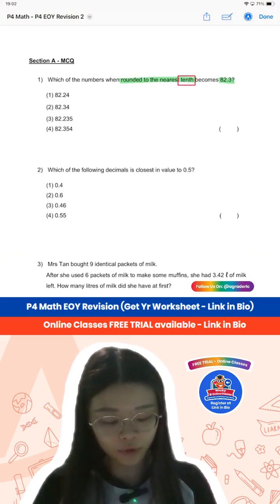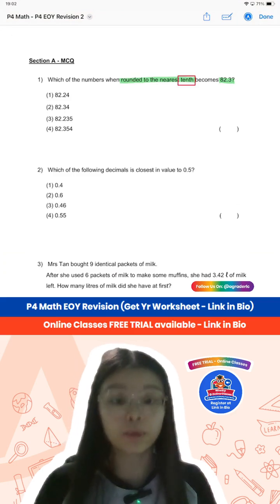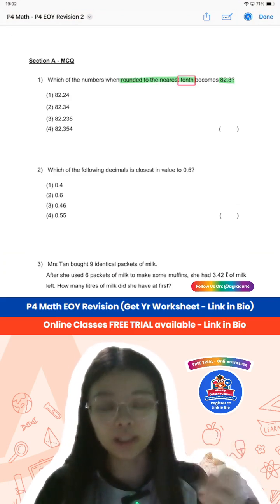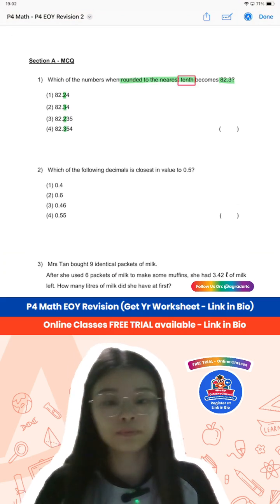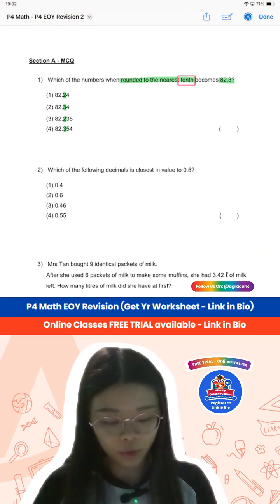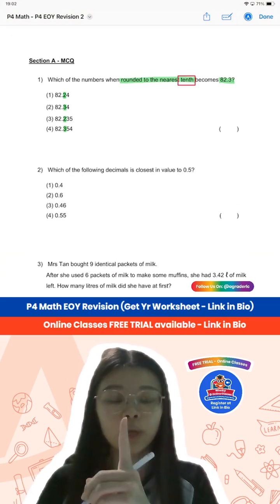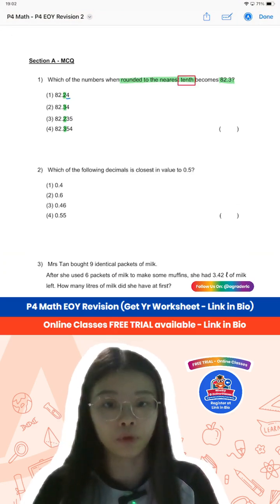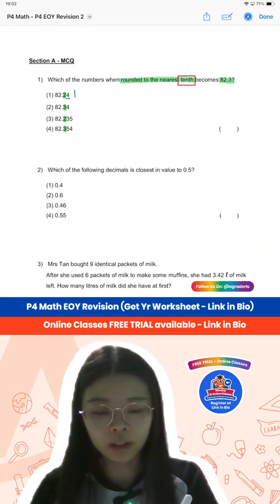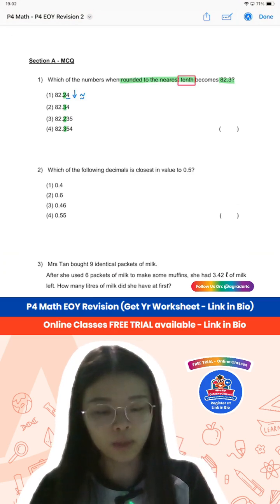A good habit is, since they're giving you options, to highlight our tenth place. When we are rounding off, we always look at the number after it. So for the first option, we look at the number 4. We round down, so once we round down, we have 82.2.